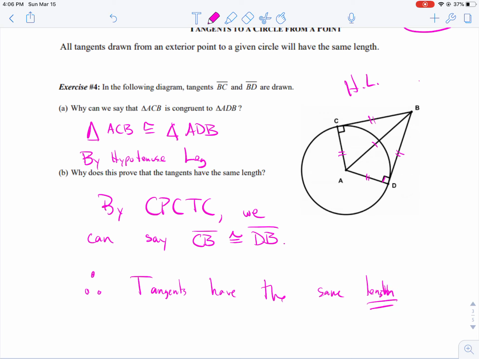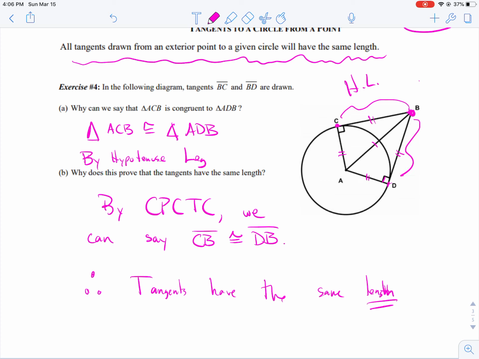Now again, this only applies when all tangents drawn from an exterior point to a given circle will have the same length. Okay, so in this case, B was drawn to the circle. So we're starting at B, and then B went to C and D here.